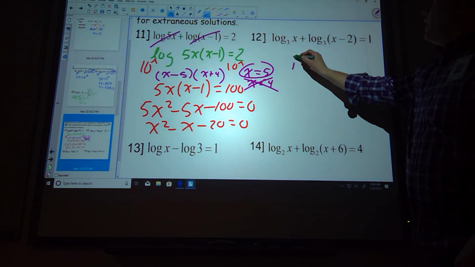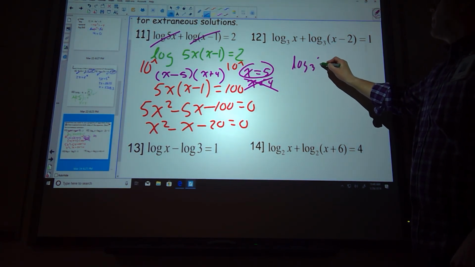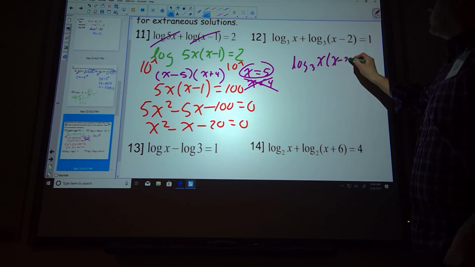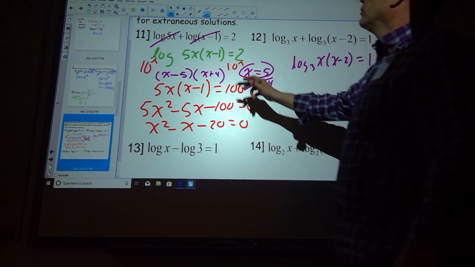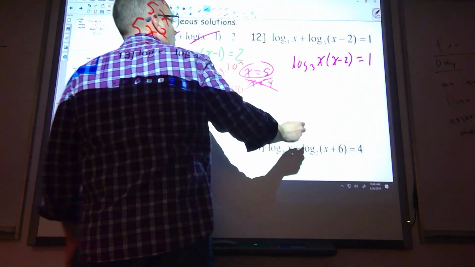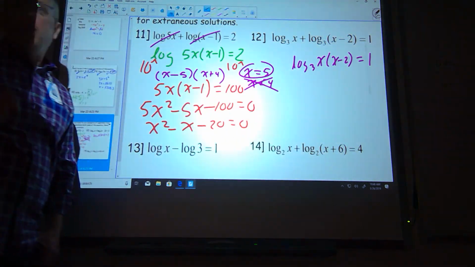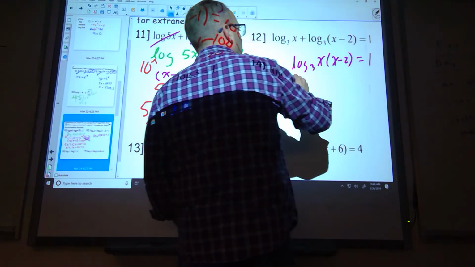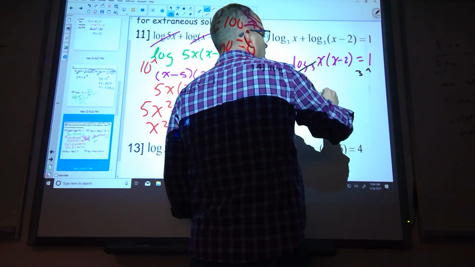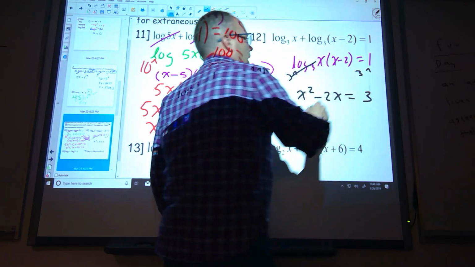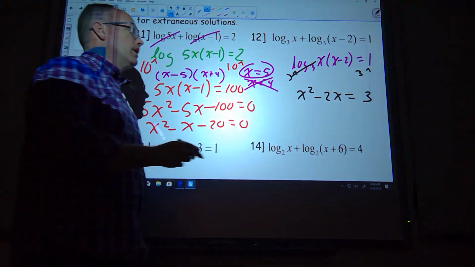This one, let's put them back together. What should my base to both sides be to get rid of the logs? Log 10? No, I mean... 3. Yeah, 3 raised to the 3 raised to the. Those cancel, so I get x squared minus 2x equals 3. Agree with that so far?